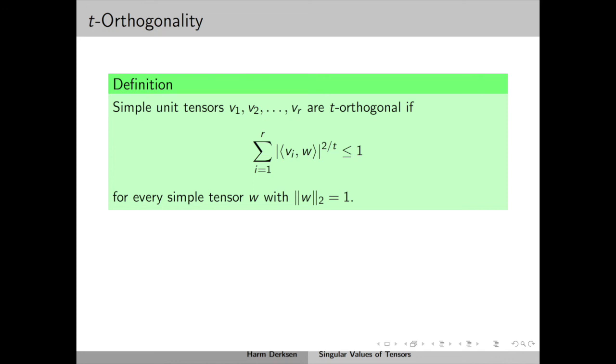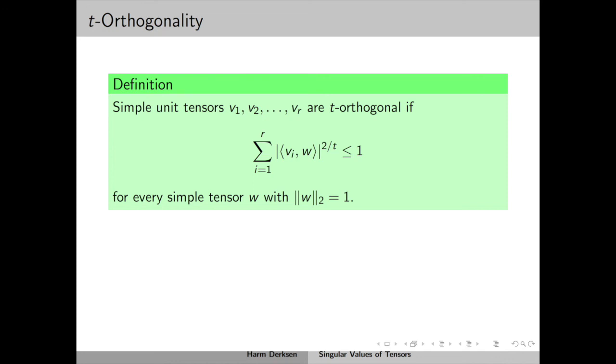Okay, so now I'm going to work towards the generalization of singular value decomposition. For that, I need the following definition. Again, v_1 up to v_r are simple tensors, and let's say they also have unit length. Now make the following definition.